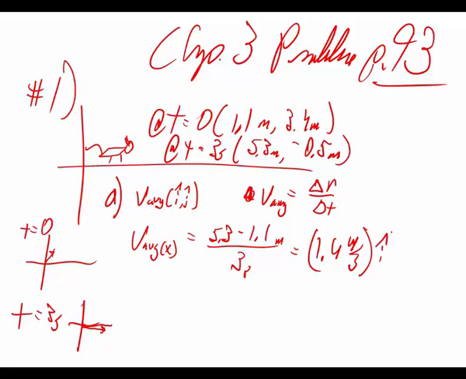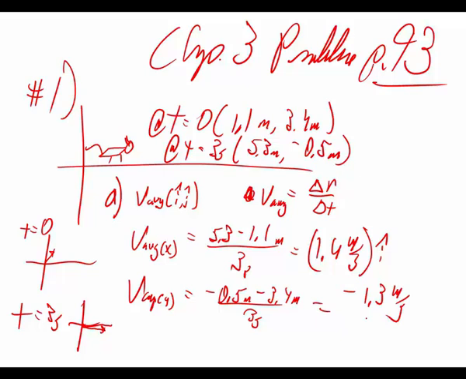Or X, okay? And then the average velocity in the Y is negative 0.5 minus 3.4 divided by 3 seconds. And what do we get? Should get a negative, negative 1.3. And we would put our parentheses around that and say J. All right, so there's the first part, the components.